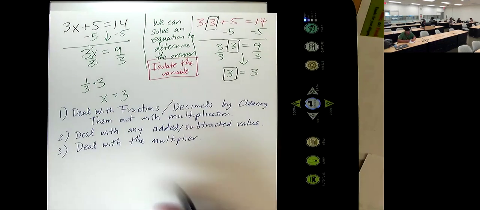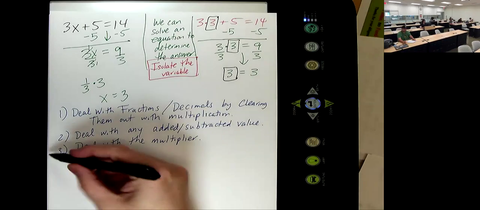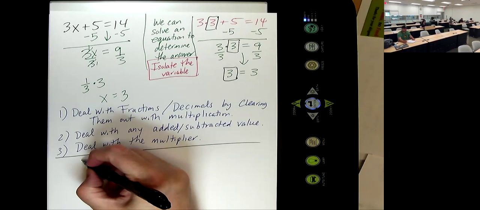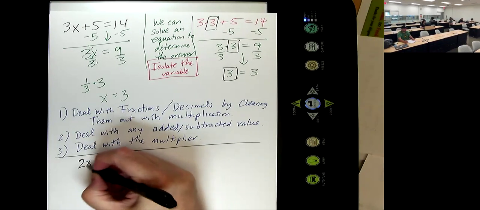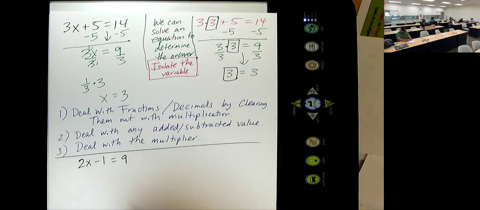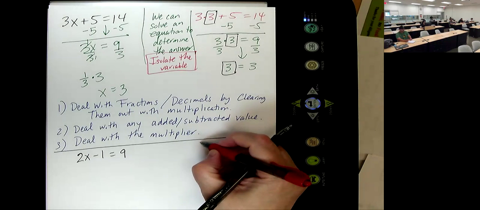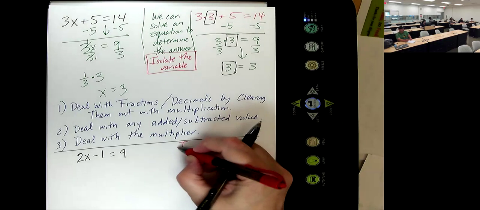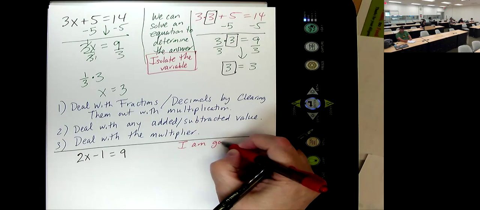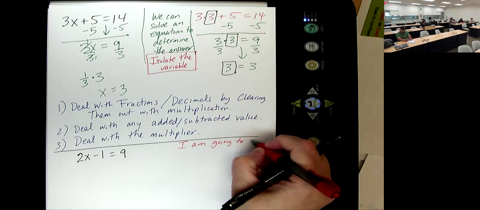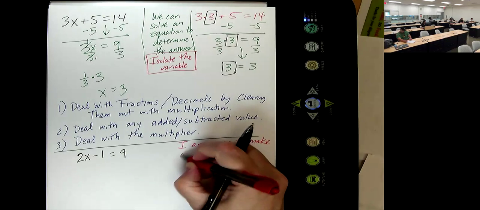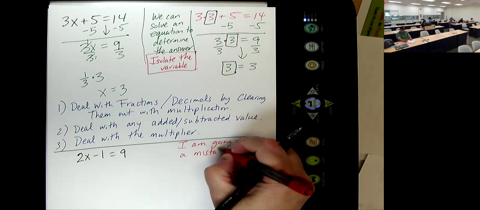Let's say we had 2x minus 1 equals 9. I am deliberately going to do this wrong, intentionally.